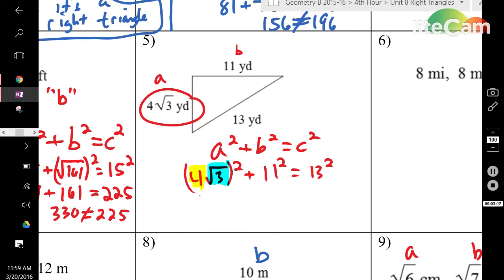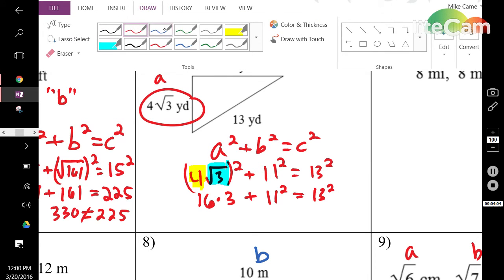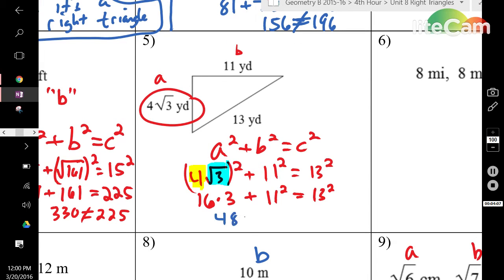So 4 squared is 16 times the square root of 3 squared, which is just 3. So we have 16 times 3, which is 48, plus 121 equals 169.